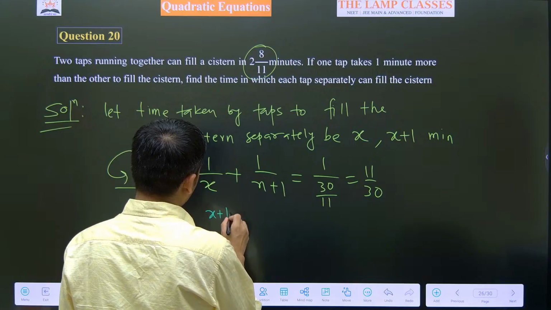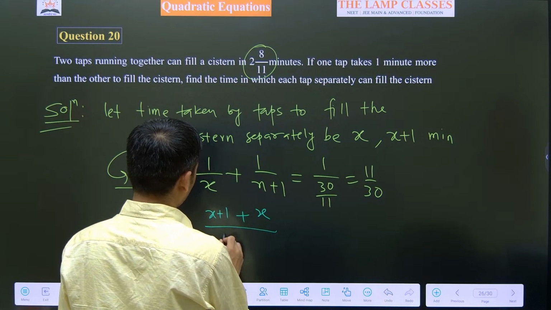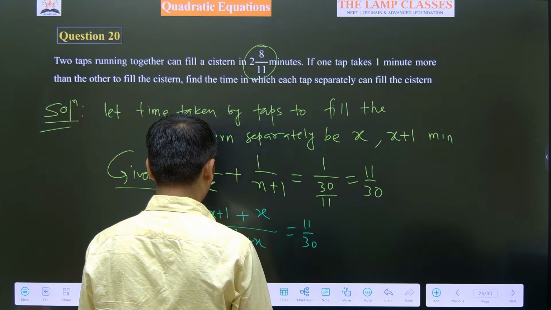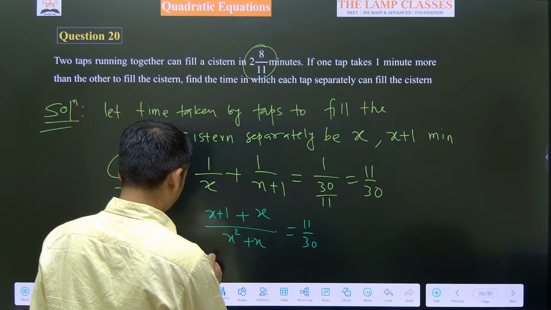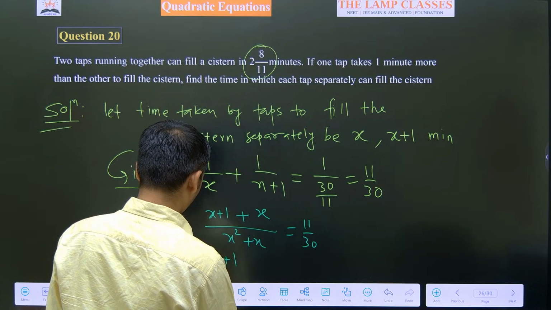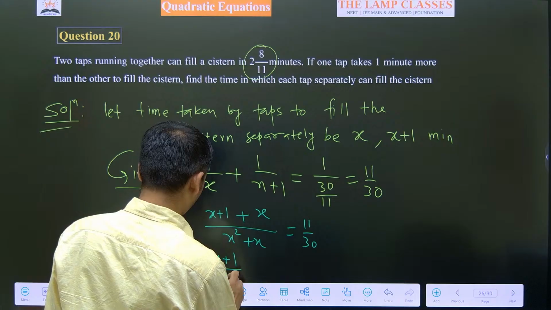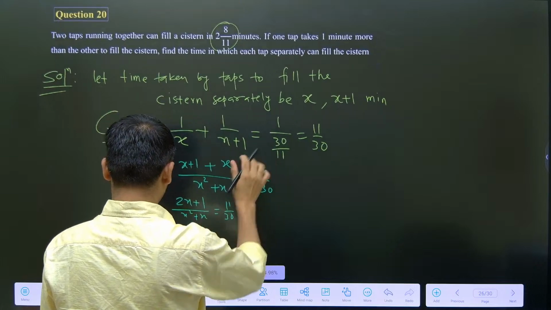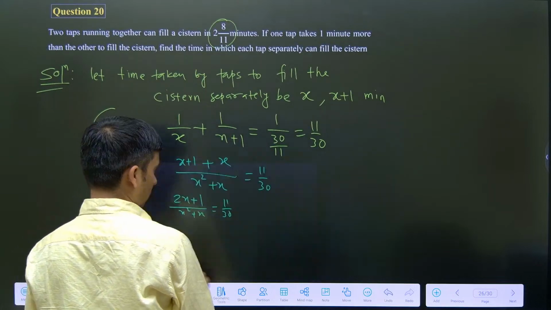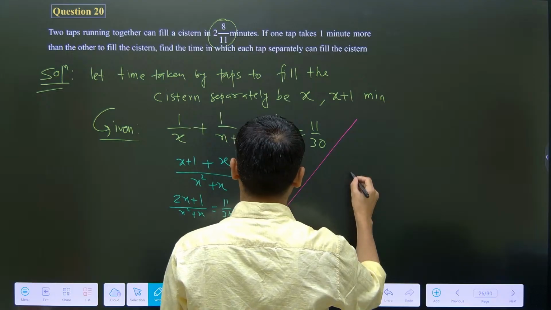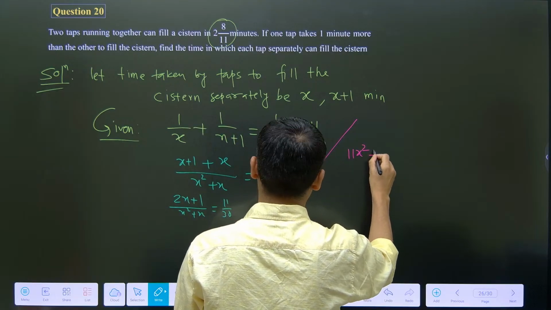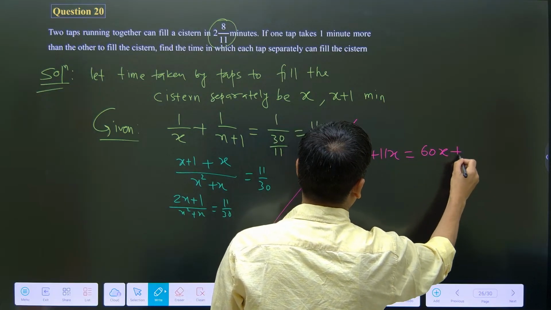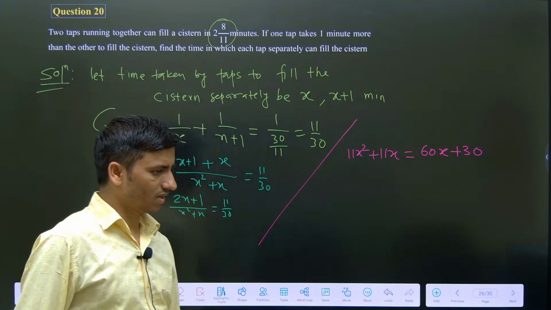X plus 1 plus x upon x square plus x. Are we getting this quadratic, guys?